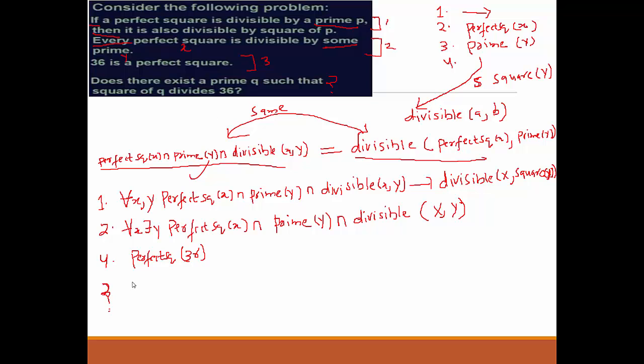So there exists is represented with this quantifier. There exists a prime q, and we have represented prime with y. So we are going to have y here.